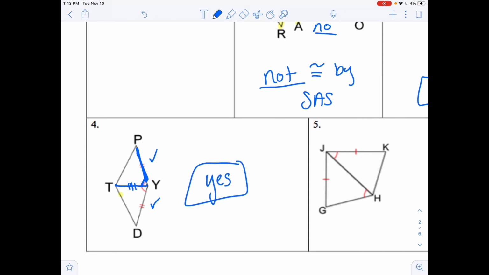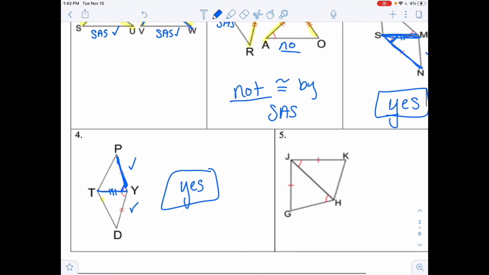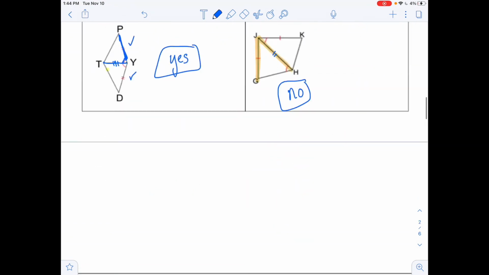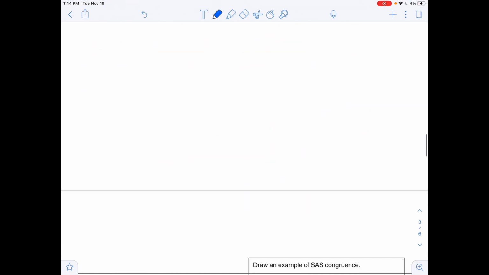Number 5 is going to be a no, and the reason why, again, reflexive side, so that's a side angle side, I'm good there. Down to the other triangle, got a side, I need this included angle over here. I need J, but I don't have J. They gave it over here, so that's a no. All right, and check back in a couple minutes for that proof video, and I will see you guys tomorrow.